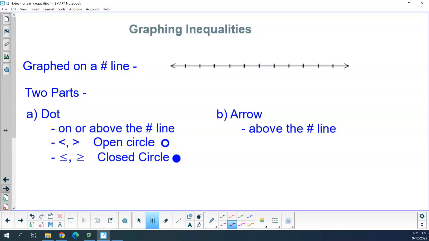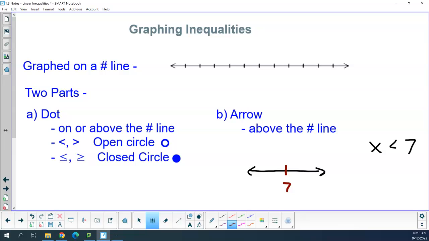Okay? So what I mean by that is, if we had like x is less than 7. Okay? The only number that I care about on my number line is 7. Now, if you wanted to put more numbers on your number line, that's up to you. The number that needs to be on there is 7. Okay?